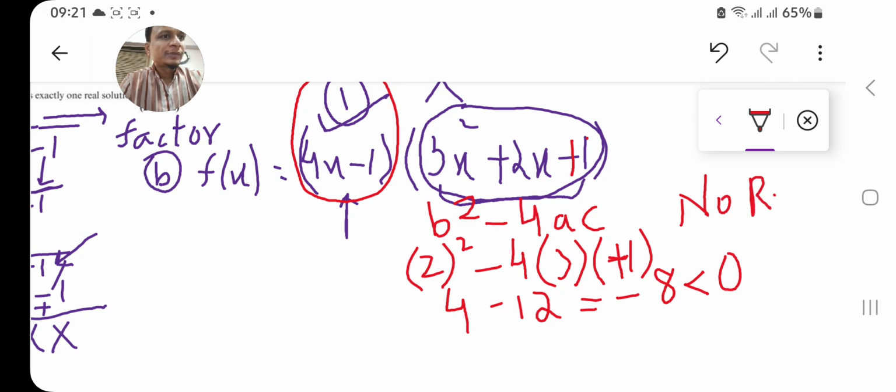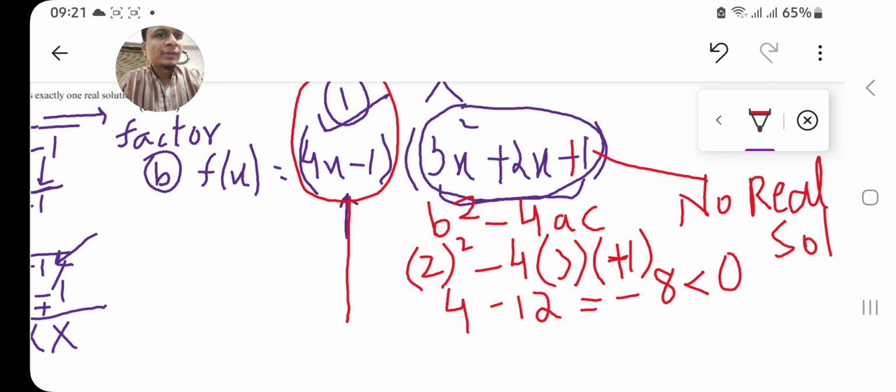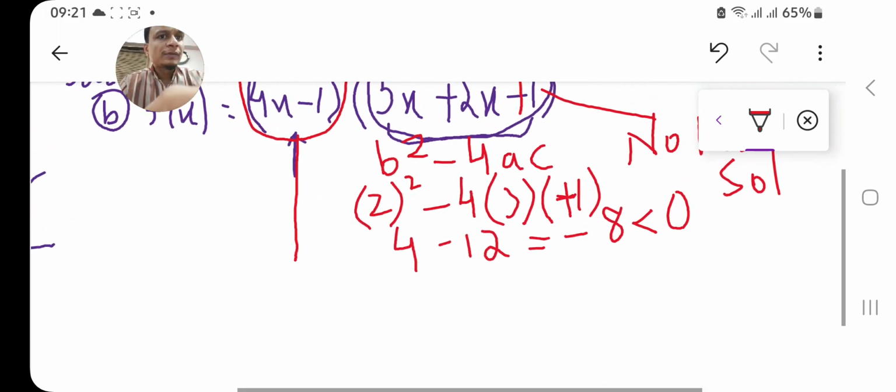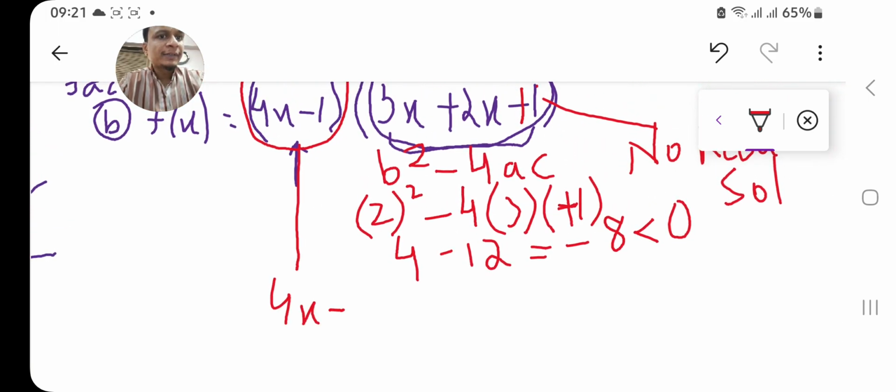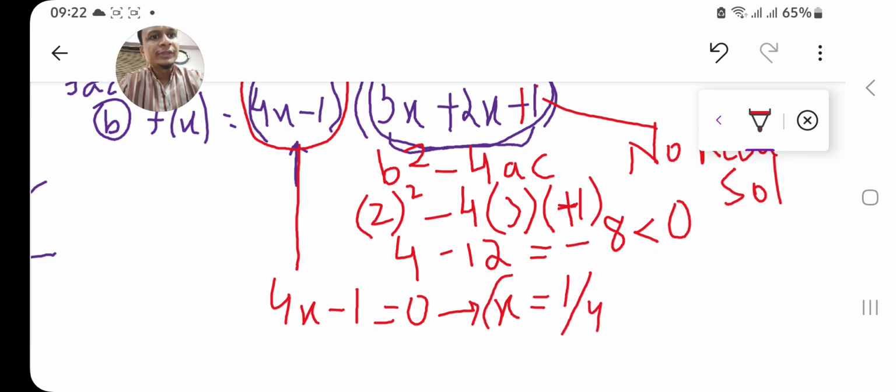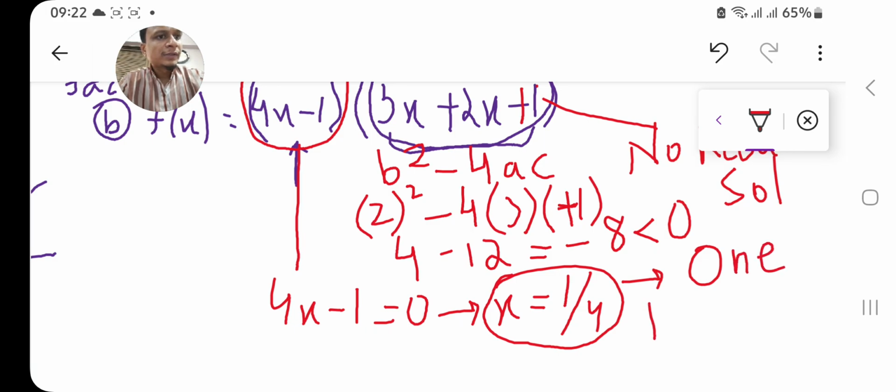So we have no real solution from this quadratic, and we only have the solution from this linear, 4x minus 1 equals 0, which gives x equal to 1 upon 4. So this is the only one real solution. Hope you are getting my point.